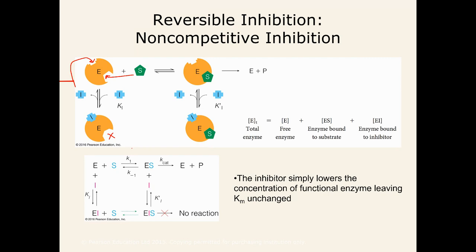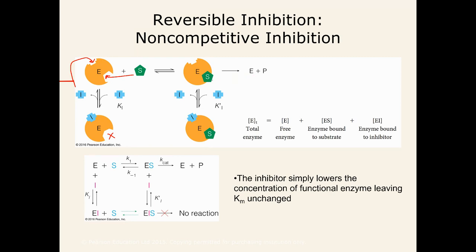It's not going to be there anymore in the same shape for the substrate. Now, some of the enzyme will still be free to bind the substrate, and if it is, it's going to go and make product.